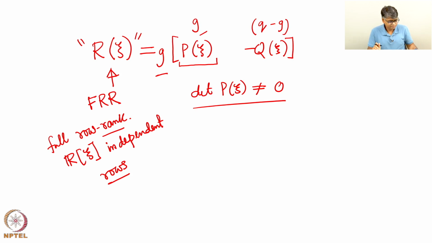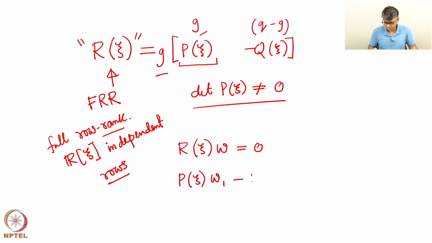Right? Now what is the benefit of obtaining this partitioning of R(ξ)? Well, you can easily see that the equation R(d/dt) w equal to 0 now becomes P(d/dt) w1 minus Q(d/dt) w2 equal to 0, right? So the manifest variables also are partitioned conformably with the partitioning of the matrix R(ξ), where this guy is square now.